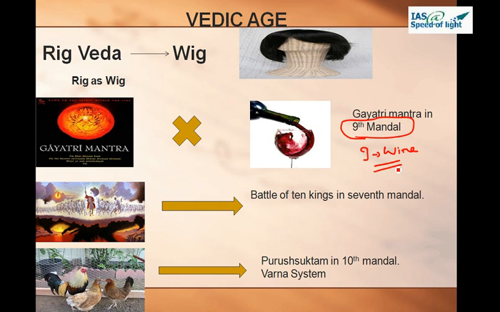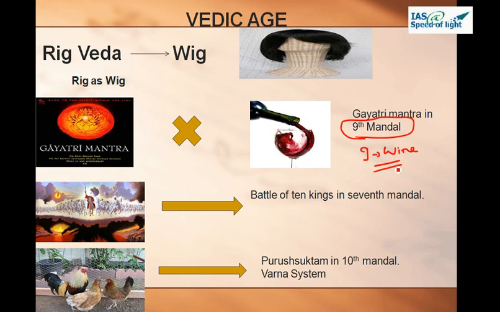After taking wine, or while drinking wine, we should not chant Gayatri mantra. So see yourself where one of your friends was drinking wine and you told him you should not chant Gayatri mantra when you are drinking wine or any alcoholic drink. So 9 becomes wine and Gayatri mantra is from the ninth mandal.